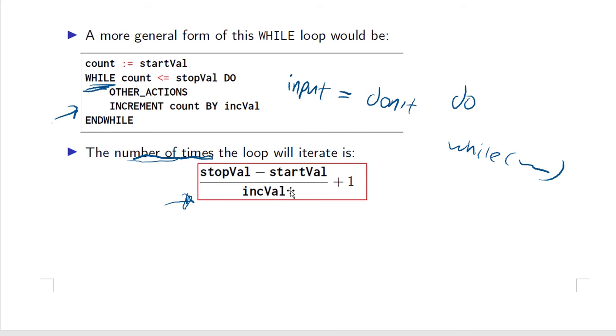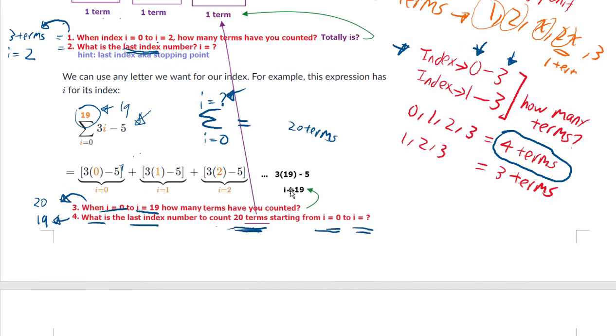You can also call it the terms, how many terms you want. So let's call this NOT, number of times. The number of times is equal to stop value minus starting value divided by increment value plus 1. Let's write it here.